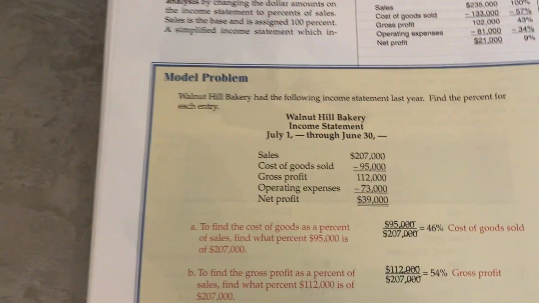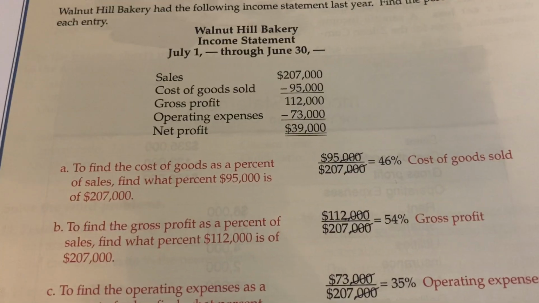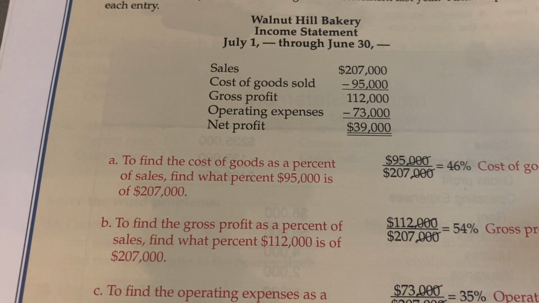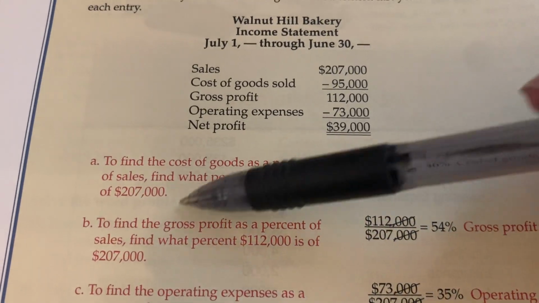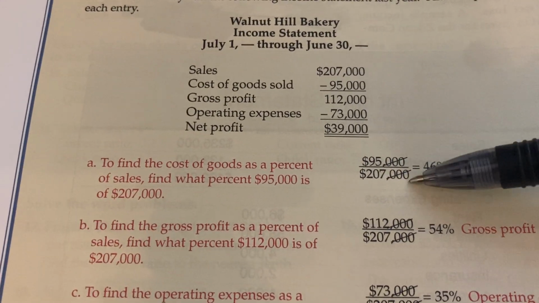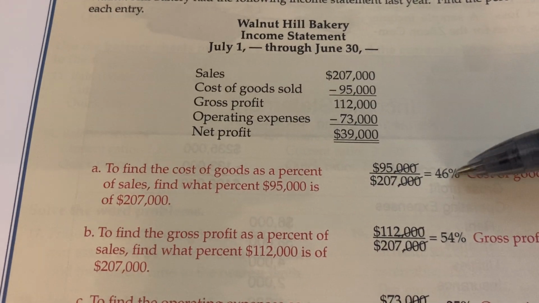So let's look at the problem again to find those percentages. To find the cost of goods as a percent of sales, find what percent 95,000 is of 207,000. You divide 95,000 over 207,000, and you get 46%.